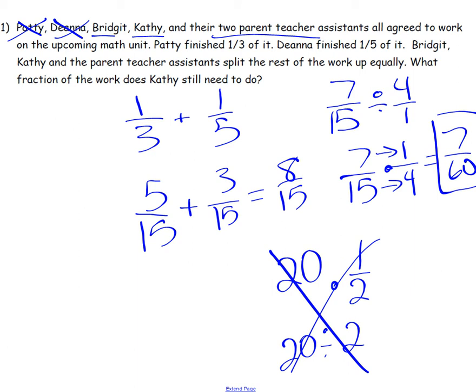Or, we can flip it, but only if we change it from division to multiplication. Because if you actually divided 7 divided by 4, you'd get like 1 point something over 15. My question again, how'd you get 7 over 15?